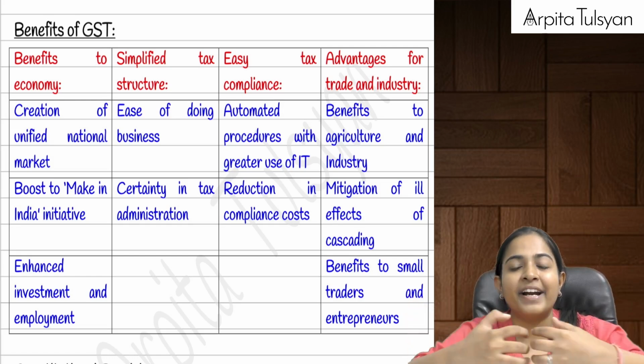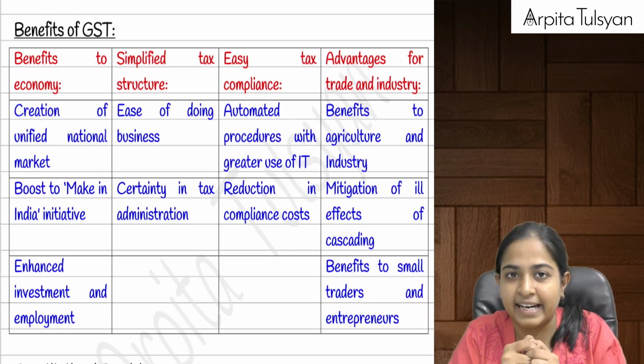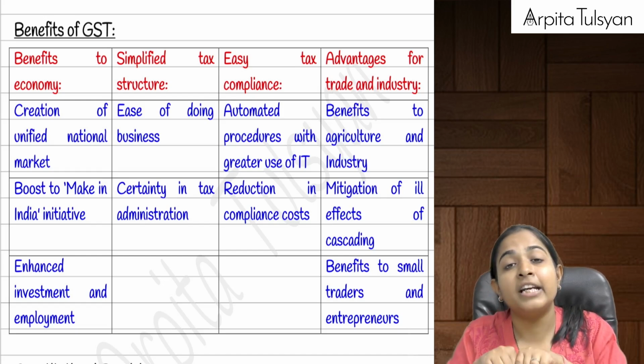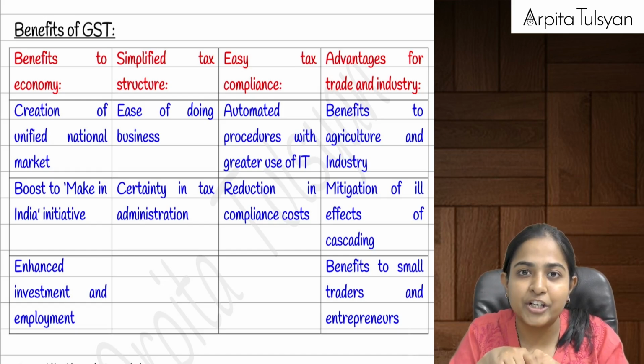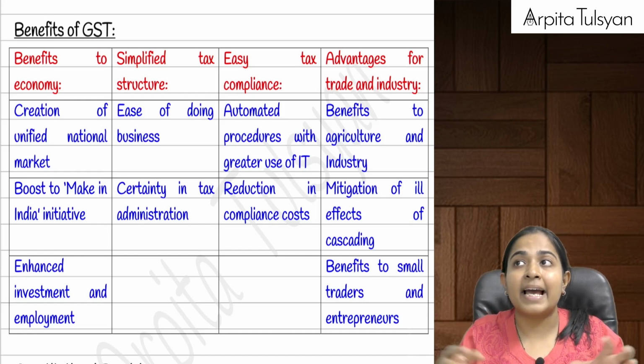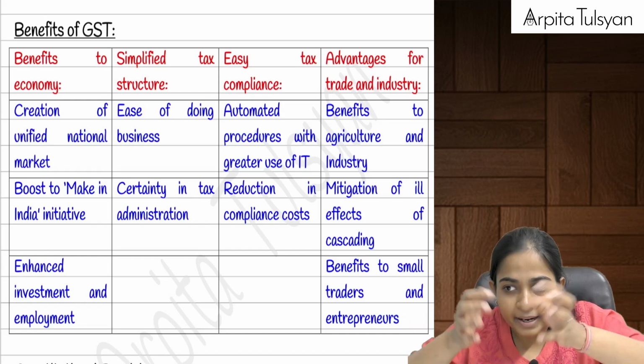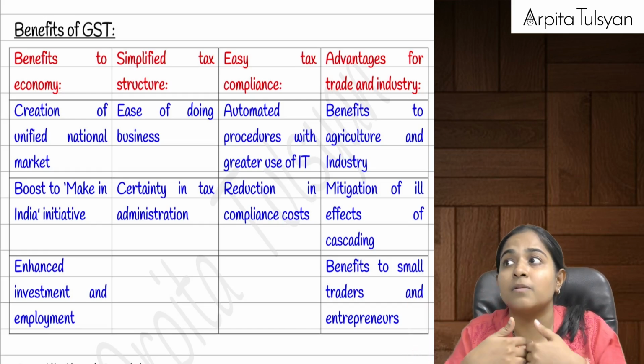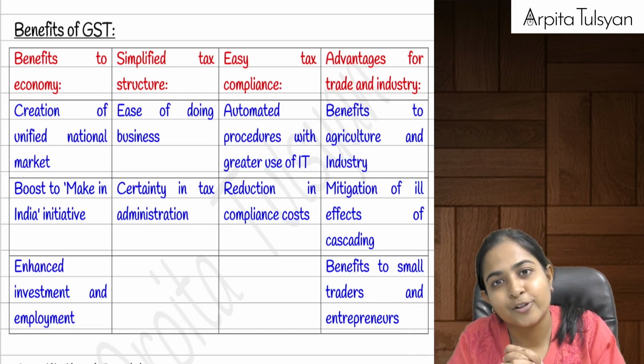There is a unified national market being created here. More and more people are now doing manufacturing here in India because of the Make in India initiative. And because of this, more and more money is getting invested here in India, which is boosting the economy and creating so many employment opportunities also, right?